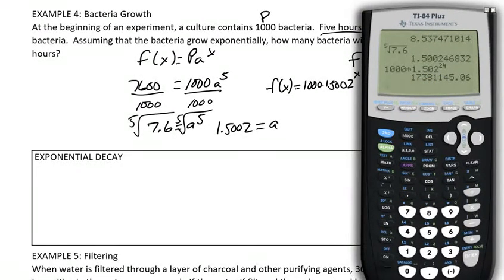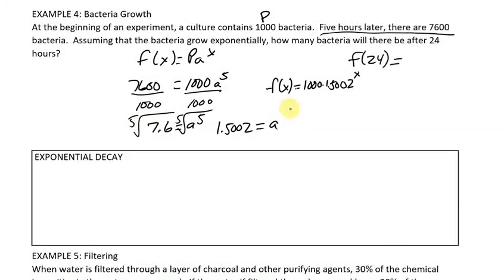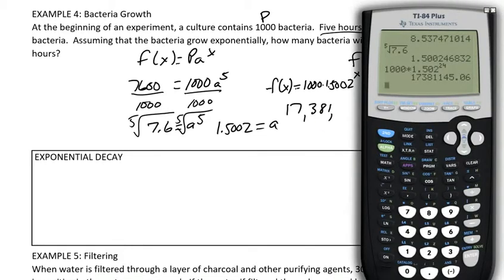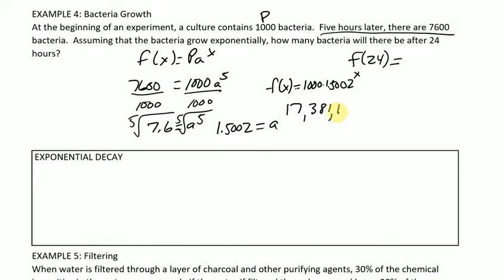Of course we don't use the decimal because they're living things. They don't have 0.6 of a bacterium. That's how many bacteria at that growth rate after 24 hours. Okay, that's a couple examples of exponential growth.